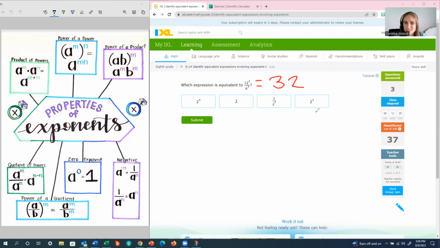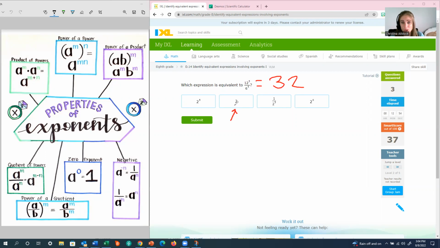But do any of our answer choices say 32? No, because our answer choices are left in exponential form. So let's look through these and see which one of these would also be equivalent, would also be equal to 32. My eye immediately goes to this first one right here. That's just a 2.